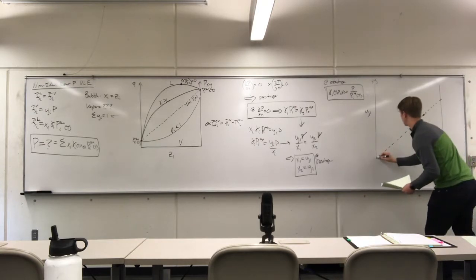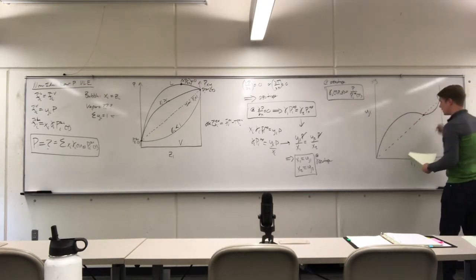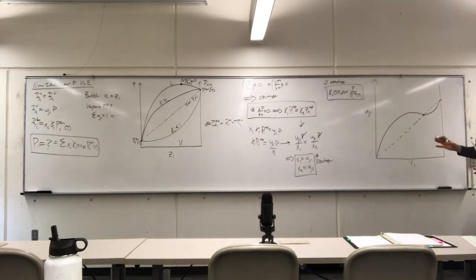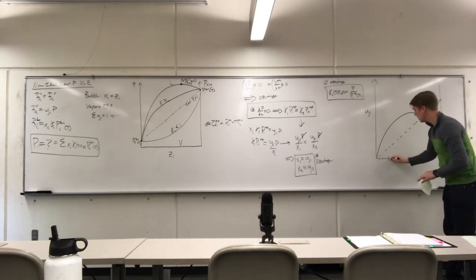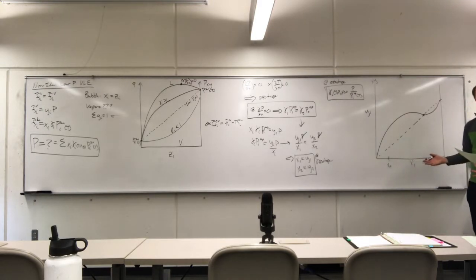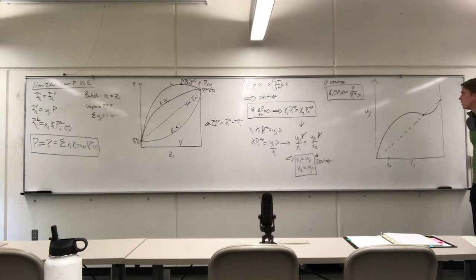So I may have an XY diagram that looks something like this. Now there's lots of different forms of the XY diagram you can have. They'll look like lots of tricky different things. So if my feed is, let's say, over here, that means no matter how hard I try to separate this solution, I'm never going to be able to get a higher concentration than my azeotropic mixture.